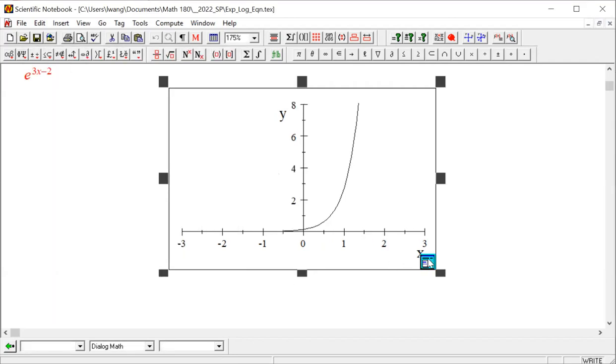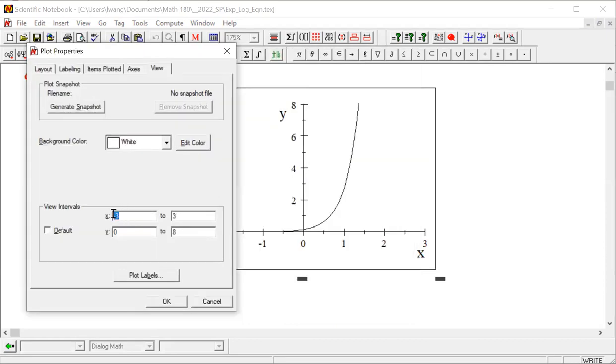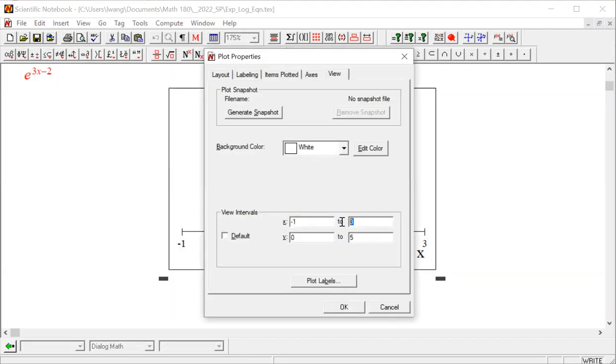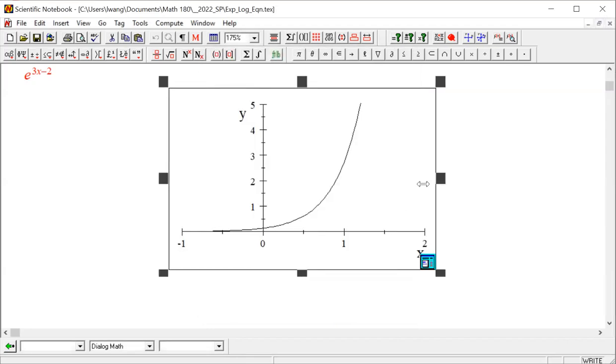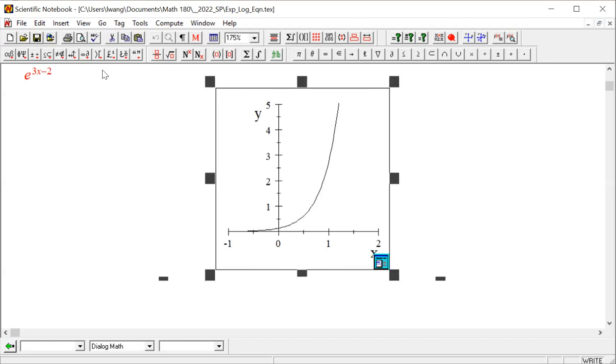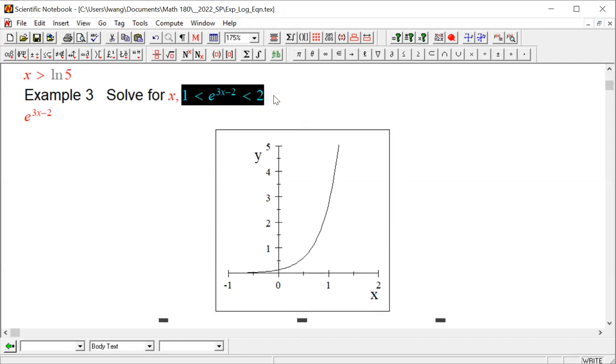And that's the curve. Between 1 and 2, the output is between 1 and 2.